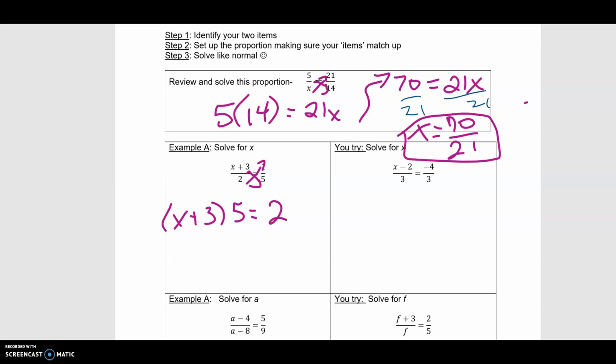And now we're looking at doing our distributive property. So 5 times x and 5 times 3. When I complete 5 times x, I get 5x. 5 times 3 is 15. And that is equal to 2. And now we're continuing with our solving steps that we've been talking about. Subtract 15 from both sides.